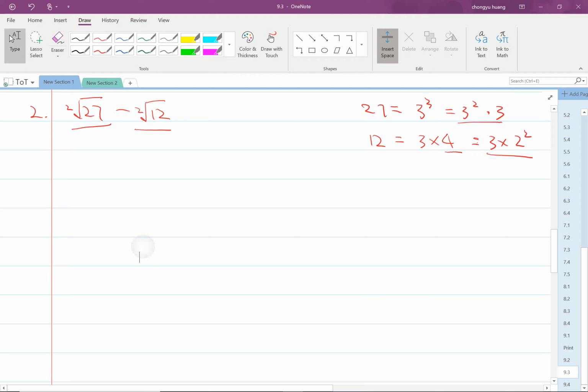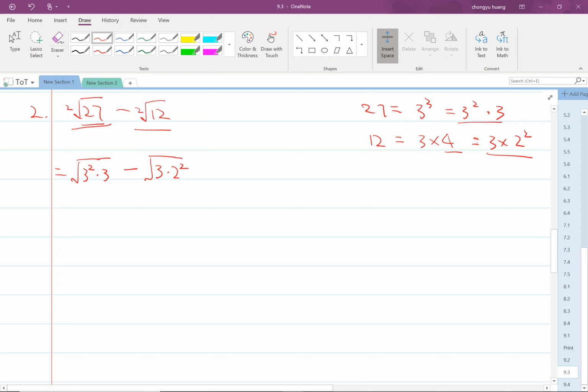Let me plug those numbers in. 27 can be written as 3 to the power 2 multiplied by another 3. For 12, we can write 12 as 3 multiplied by 2 to the power 2.